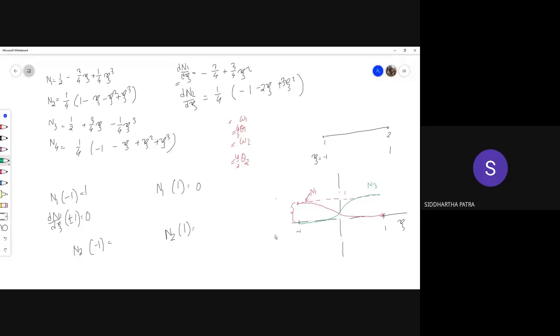But what is the value of N2 at -1 and +1? Zero sir, in both cases it is 0, right? Yes sir. What is the value of dN2/dxi at 1?